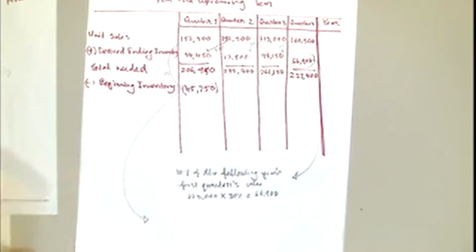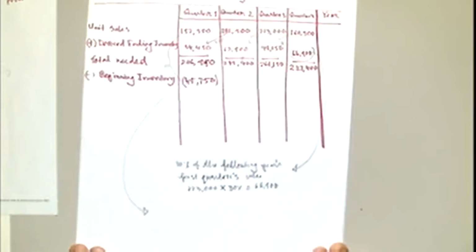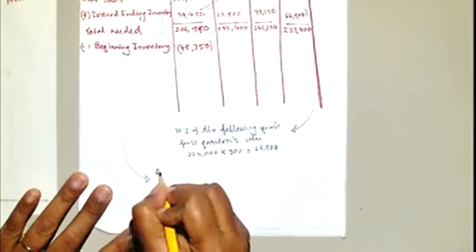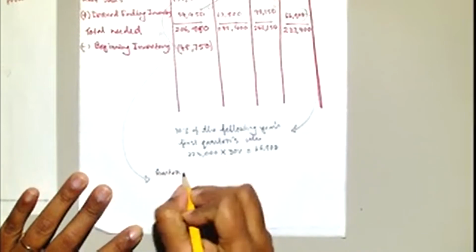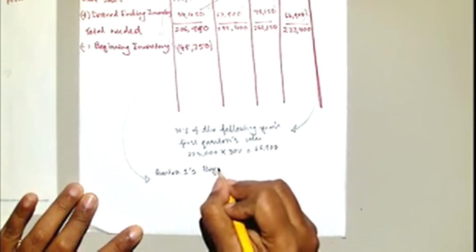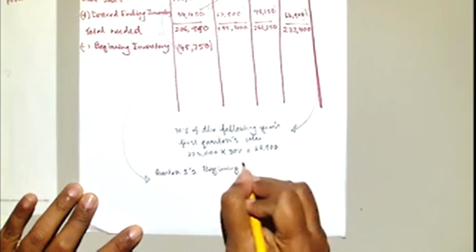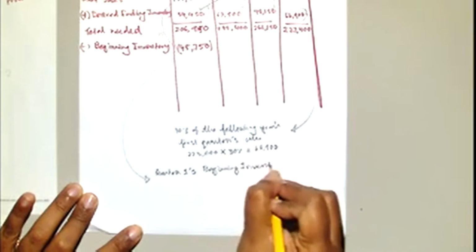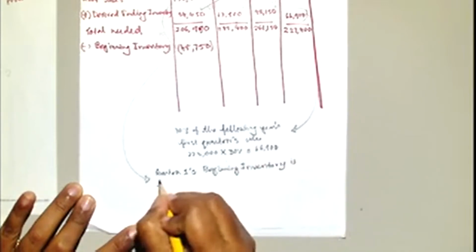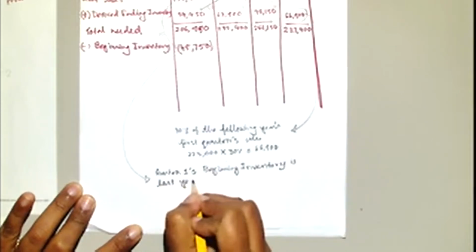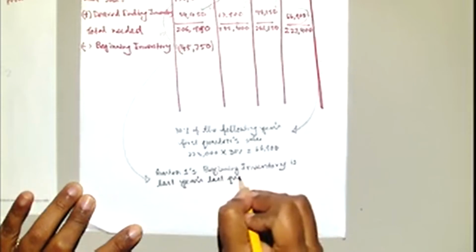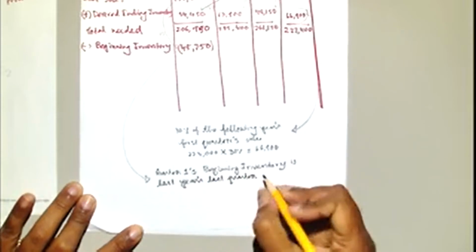I'm just writing little notes so that you don't forget. Quarter one's beginning inventory is last year's last quarter's ending inventory. I'm trying to show you the logic.